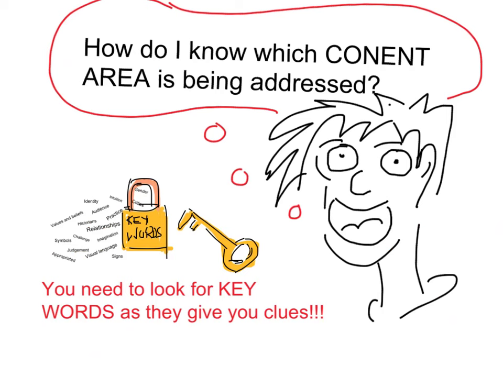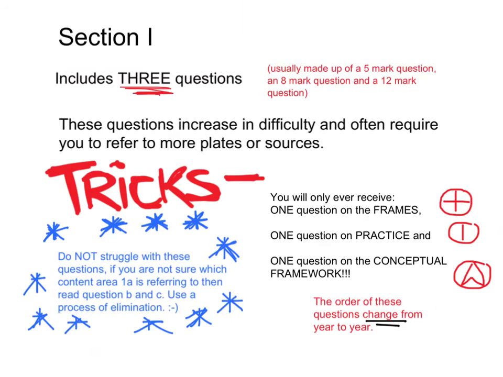In order to improve your ability to identify keywords, start creating a word bank in your visual arts diary where you start to associate different terms and link them to these different content areas. Having the ability to identify the different content areas that are being addressed will be particularly helpful when dealing with Section 1.